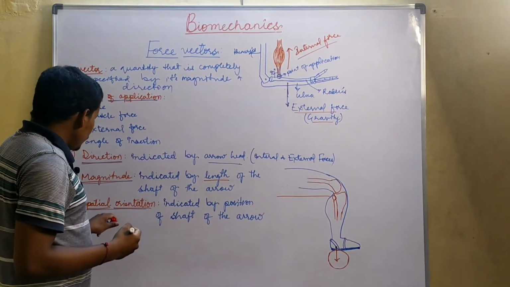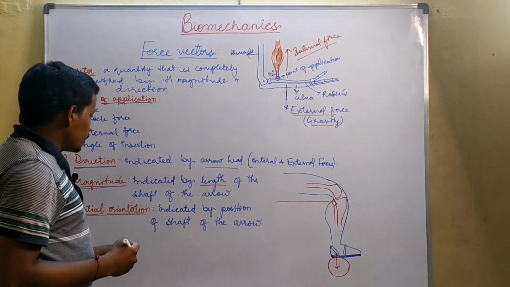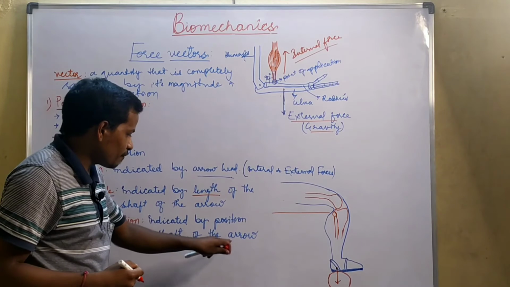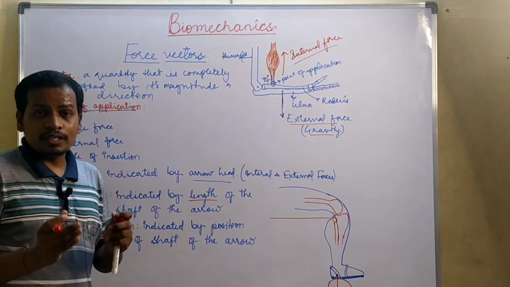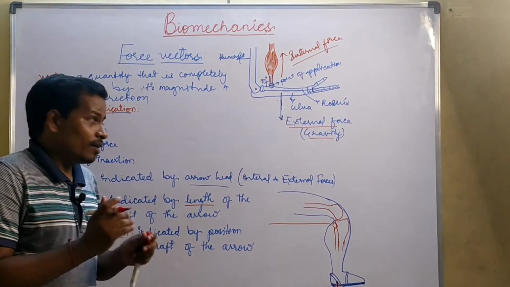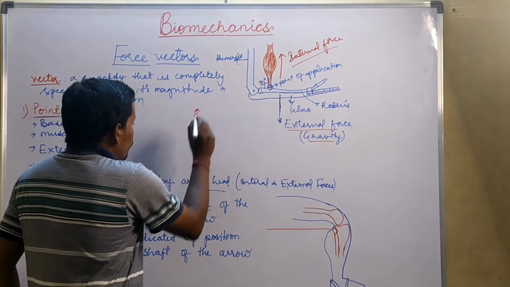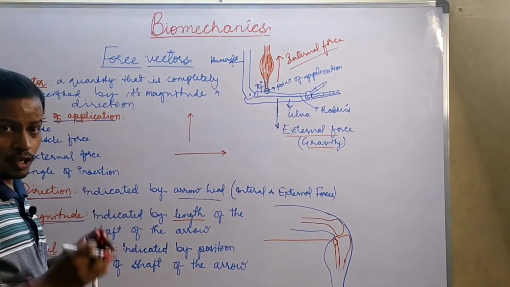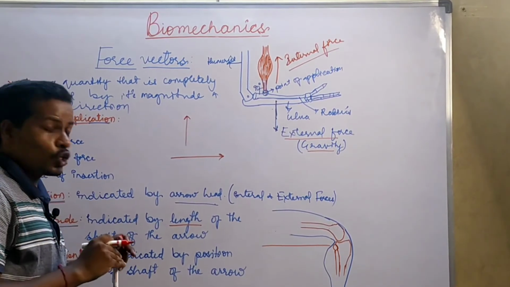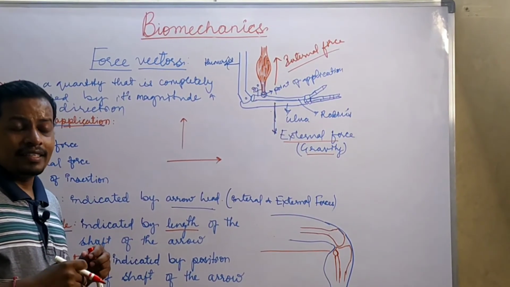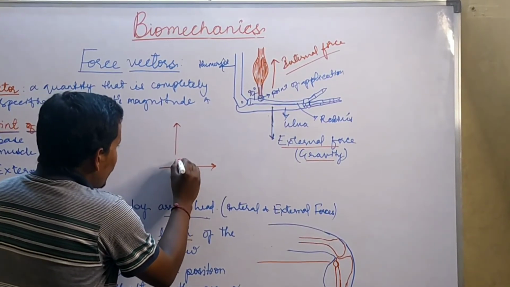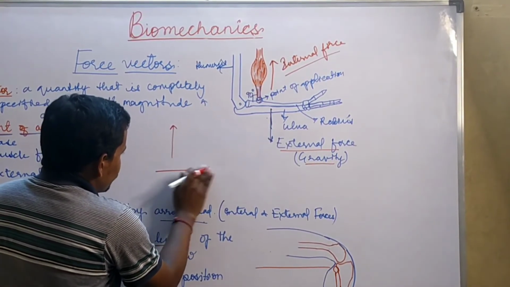Okay, now what is the spatial orientation? Spatial orientation is indicated by the position of the shaft of the arrow. The position may be vertical or horizontal, and it is also defined as the angle formed between the shaft of the force vector and the coordinate system.